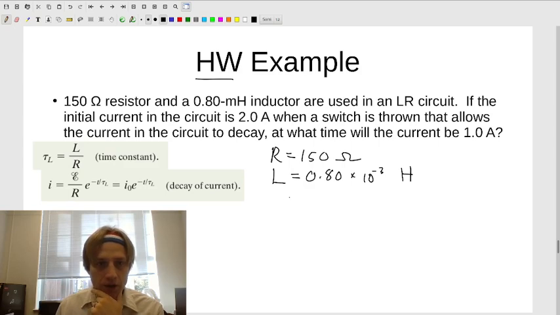Okay, so the initial, if this is a decaying current, you have equations for the decaying current and for the rising current. This is a decaying current. Your initial current is 2 amps. Your final current is 1 amp.